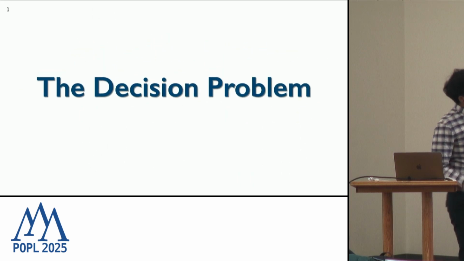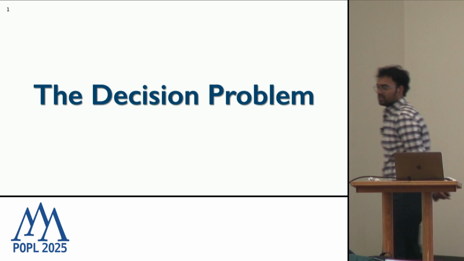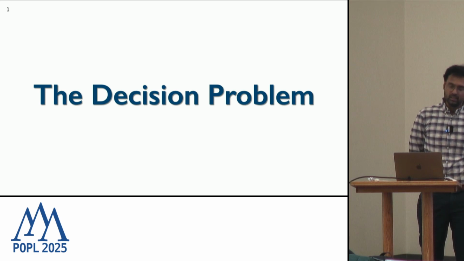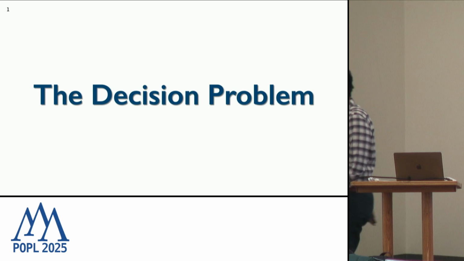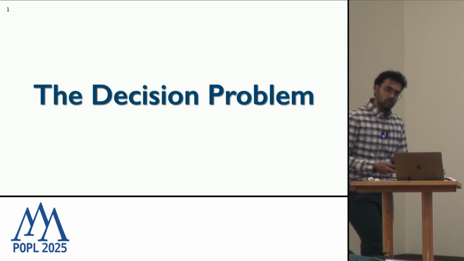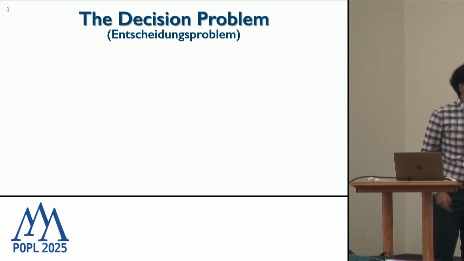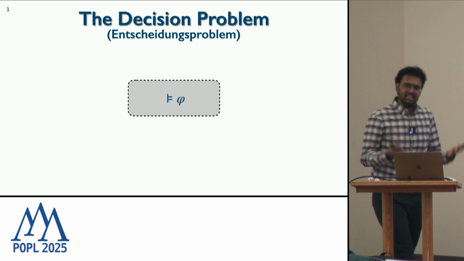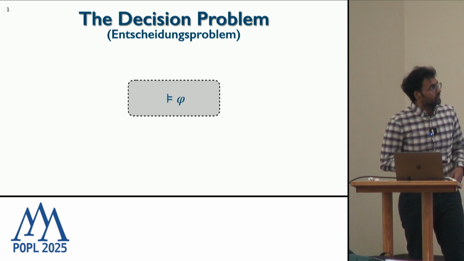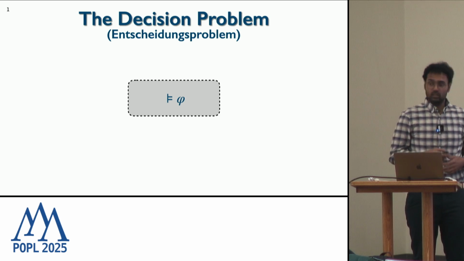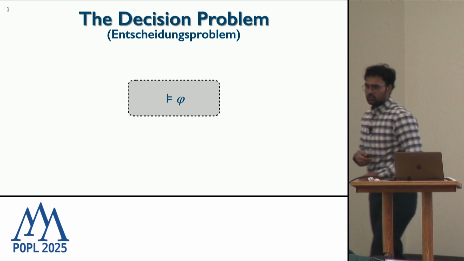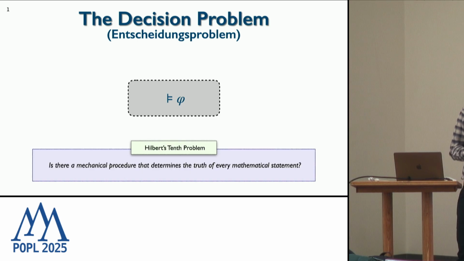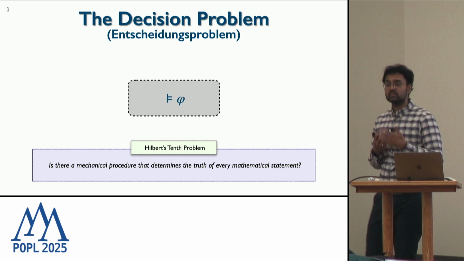Okay, so let's focus on the first part of the title, decision problem. If you have not taken any formal logic course, the decision problem asks: given a first-order formula, or a formula in any kind of logic, tell me whether that formula is valid. This problem has been the cornerstone of foundations of both mathematics and computer science.